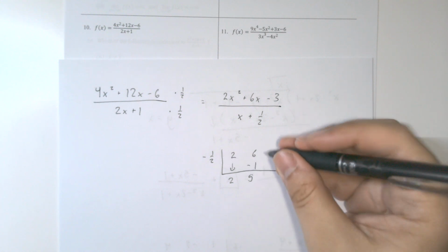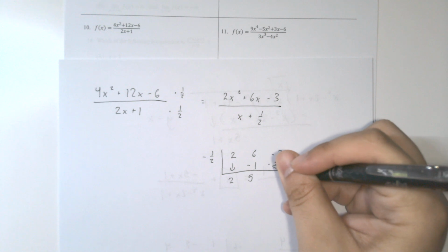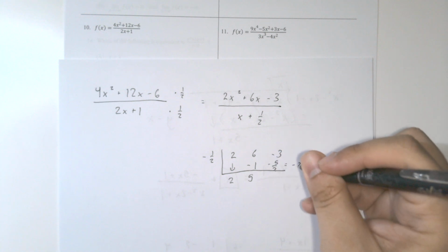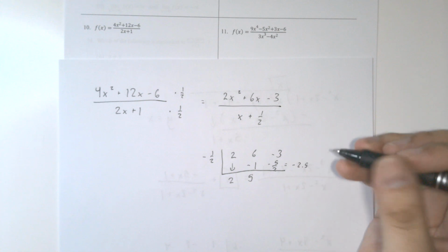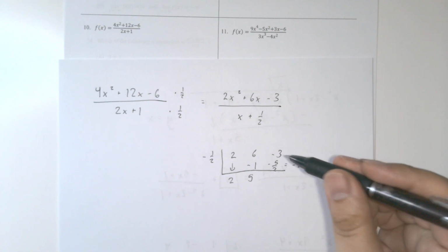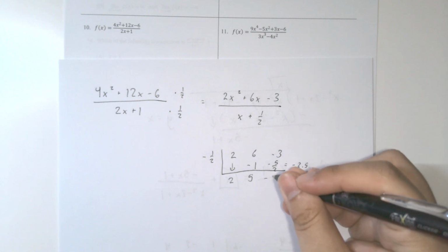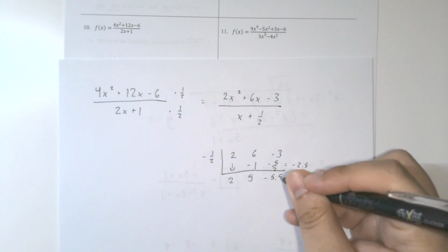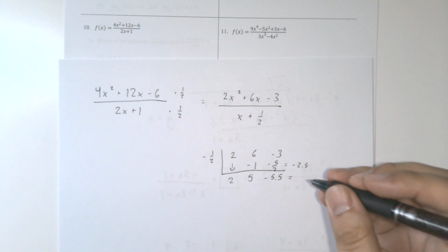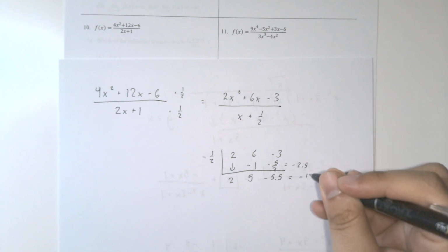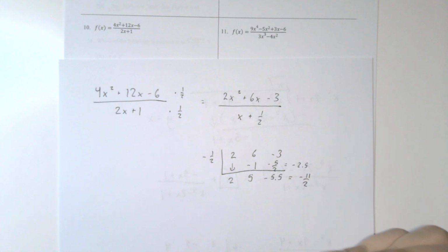-1/2 times 5 is going to be -5 over 2, or if you prefer, -2.5. And the -3 minus 2.5 is going to be -5.5, or as I would prefer personally, -11 over 2.